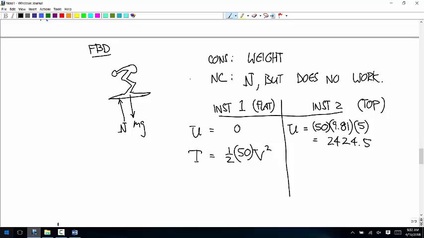I know I've seen this number a million times too. 2452.5. And then what's the kinetic energy at the top of the hill? 0. Yep, we're trying to figure out the speed so he just gets to the top and stops dead right at the top. That's the minimum speed at the bottom.